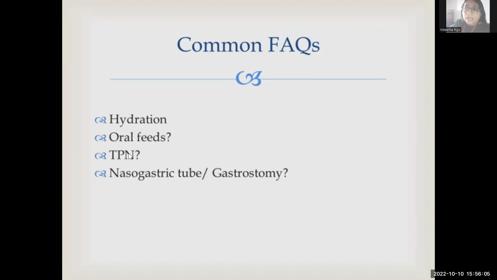And maintaining an IV line at home is also questionable. Total parenteral nutrition runs 24 hours, right? So maintaining and taking care of the IV line is also difficult. So you have to weigh the risk versus benefit. And that is how you decide for palliative patients.